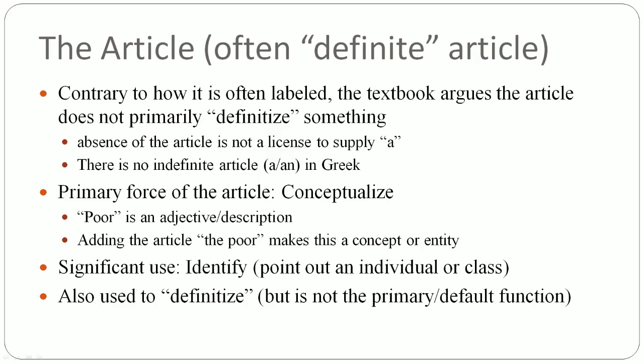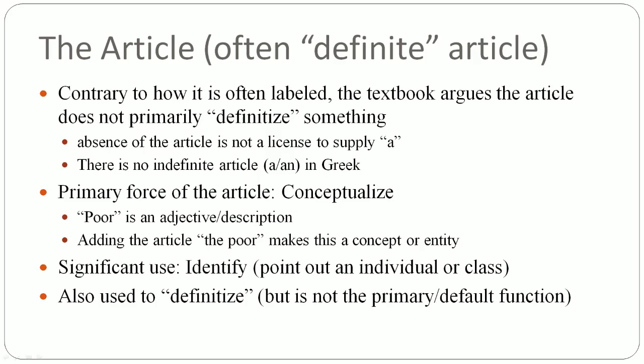For example, the word poor is given as an adjective, a descriptive type word, but adding the article makes it the poor. That turns this description into an idea, or a concept, or a thing.